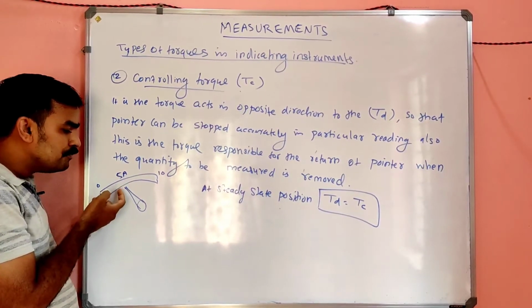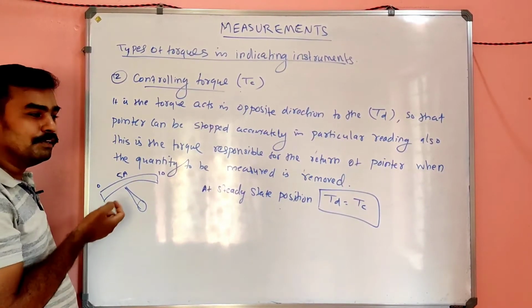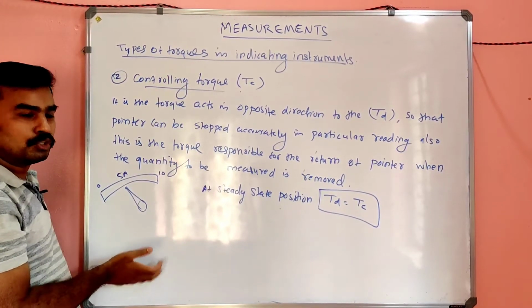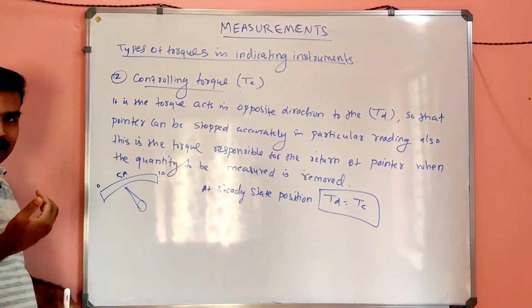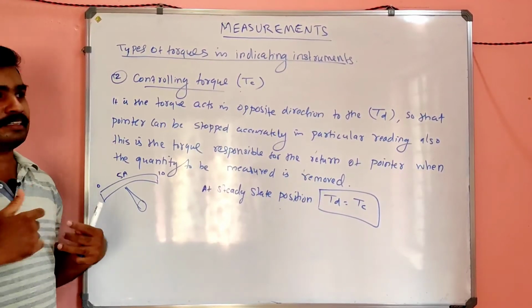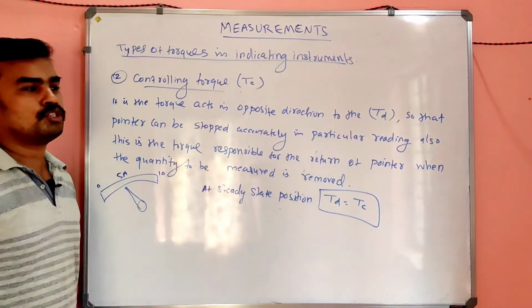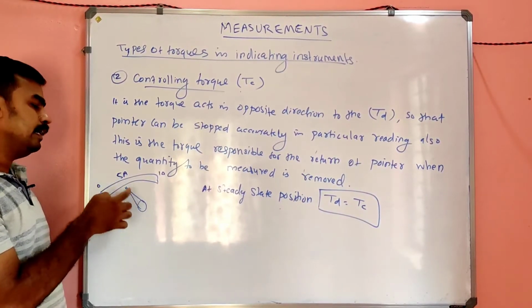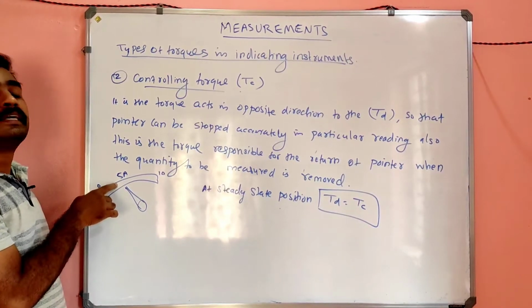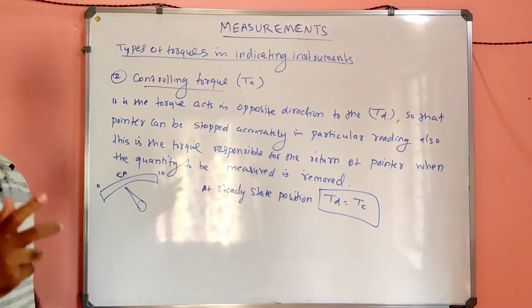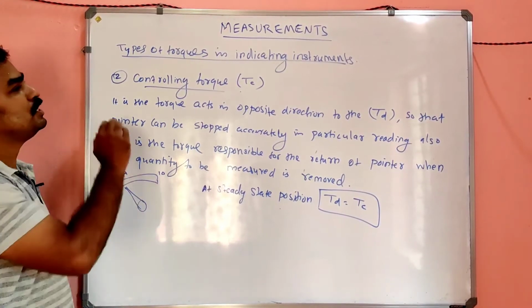It may stop before that, because TC is overcoming. Controlling torque, as I already told you, is an opposing torque, so the opposition will be higher than the forward direction. It may stop at 4 ampere, or 3.5 ampere, or anything. So that is the meaning of controlling torque.